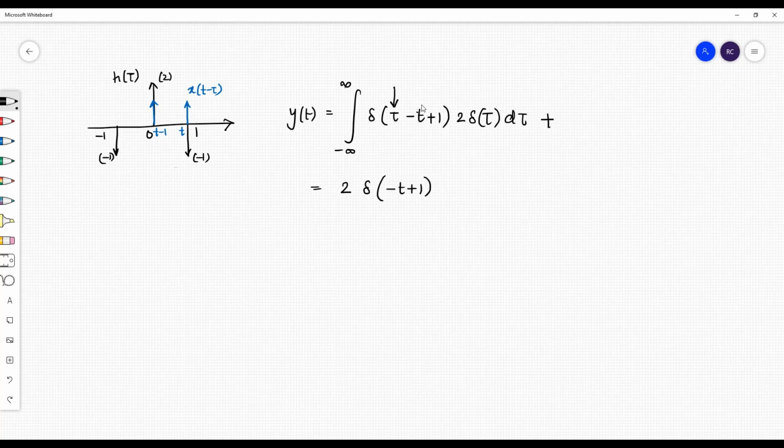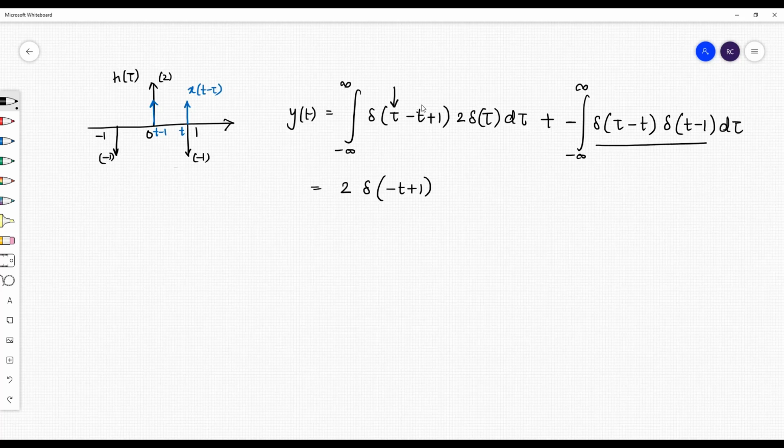There was another term here which we did not write, which is about the second set of impulses being overlapped. That can be written as, the one in blue can be written as delta(tau minus t), that is the impulse situated at t, times an impulse of strength minus 1, so I'm taking minus 1 outside, delta(tau minus 1) d tau.